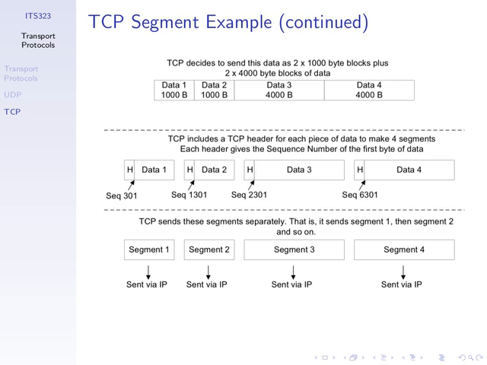The acknowledgements indicate the next byte expected. So let's look from the perspective of B. When it receives this segment, it knew that the initial sequence number of A was 300. Therefore, when it receives some data, it's expecting to receive sequence number 301. That's what it expects.